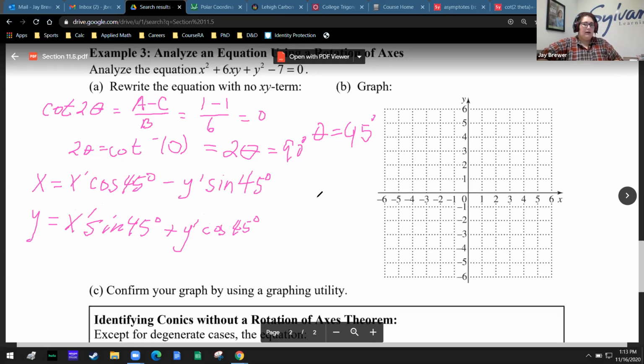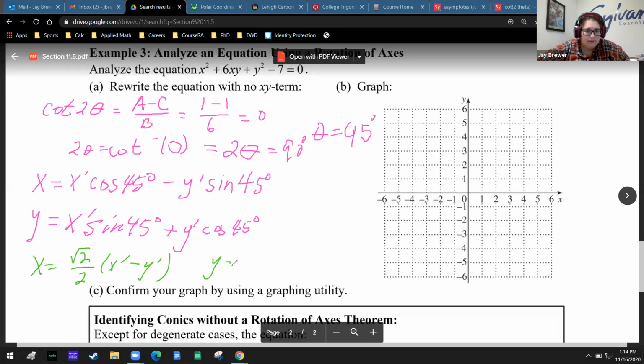Okay, what do we know about that? We know that x is going to be equal to the square root of 2 over 2 times x prime minus y prime.